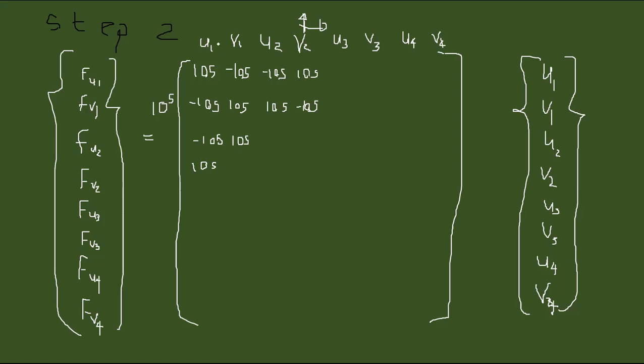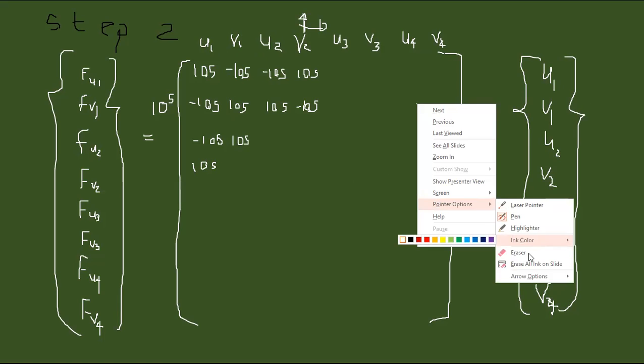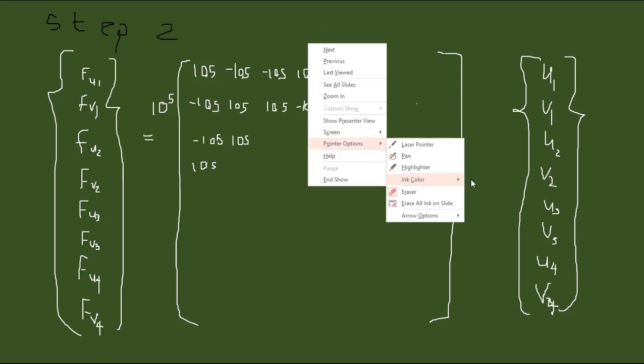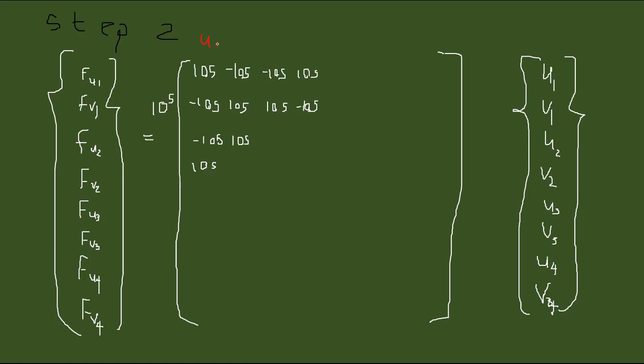So you can see the rows and columns: only these 8 displacements denote the rows, and these denote the columns. Then we continue with u4 and v4.